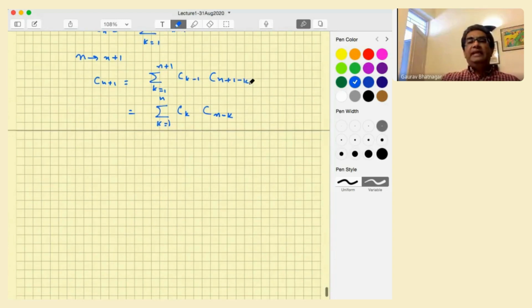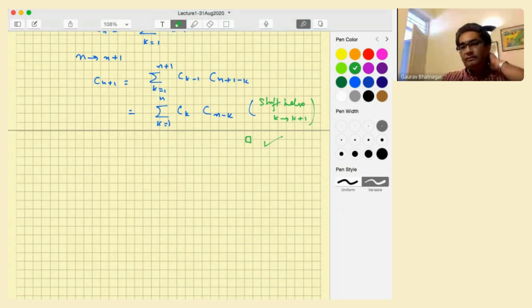So you're replacing k by k plus 1 here in shifting. Shift the index, replace k by k plus 1. And here you're just replacing n by n plus 1. Okay, so this should prove the recurrence relation.